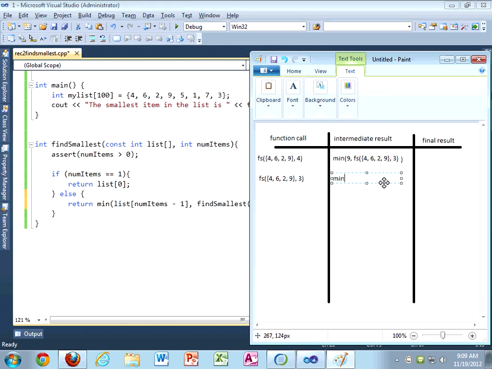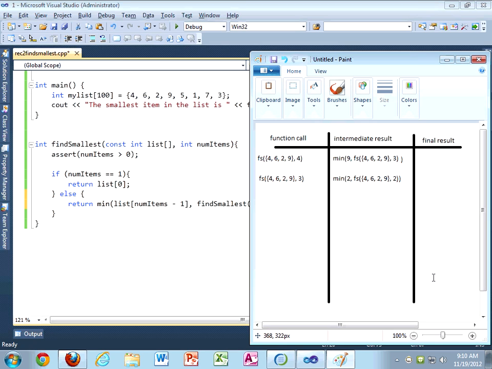And my intermediate result there is going to be the minimum of what? 2, and find smallest, same thing, 4, 6, 2, 9, 2. Bummer.